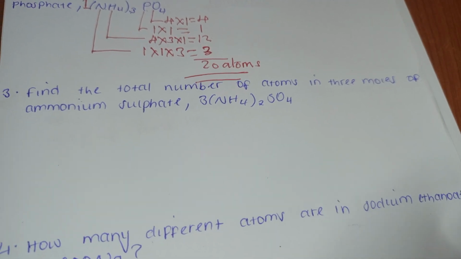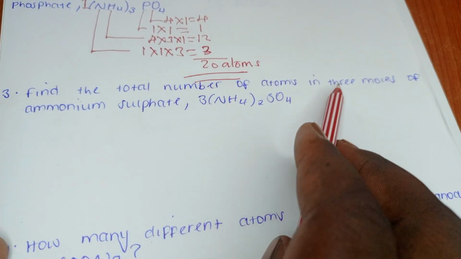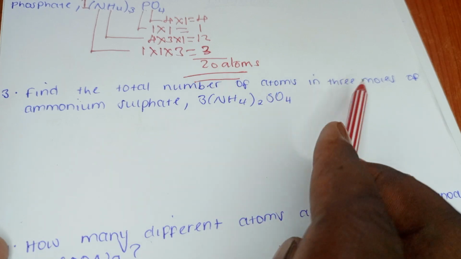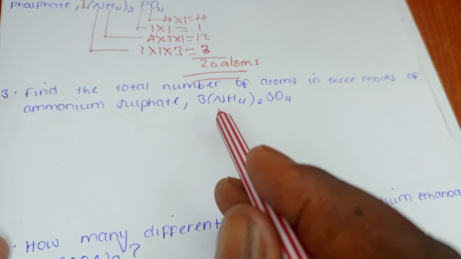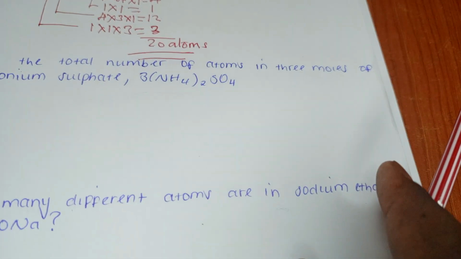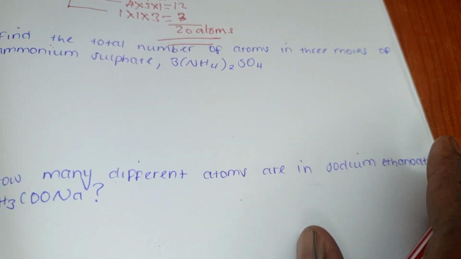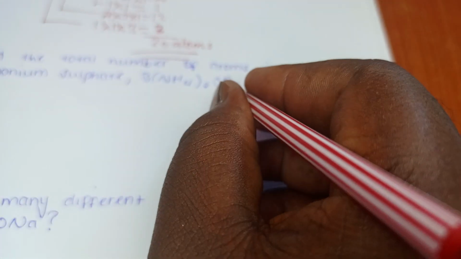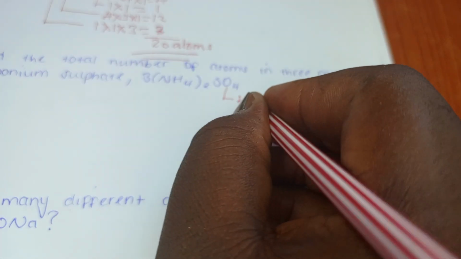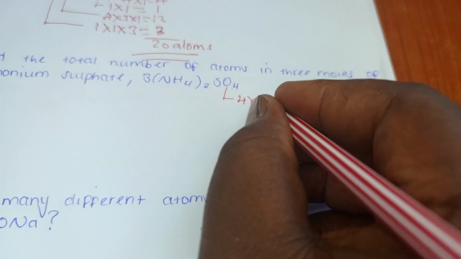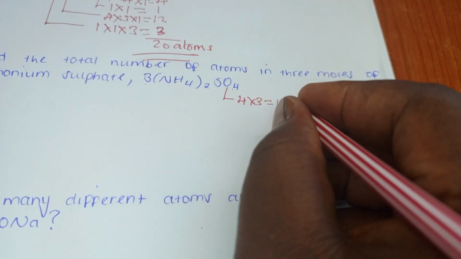Question 3 reads, find the total number of atoms in 3 moles of ammonium sulfate. So this is the formula for ammonium sulfate. They want us to find the total number of atoms. So we are going to do it like this. As you can see here, we have this 4 multiplied by the 3 in front here, equal to 12 here.